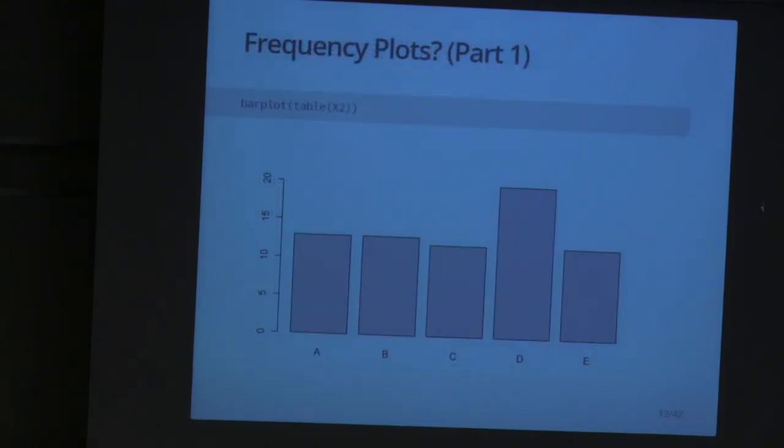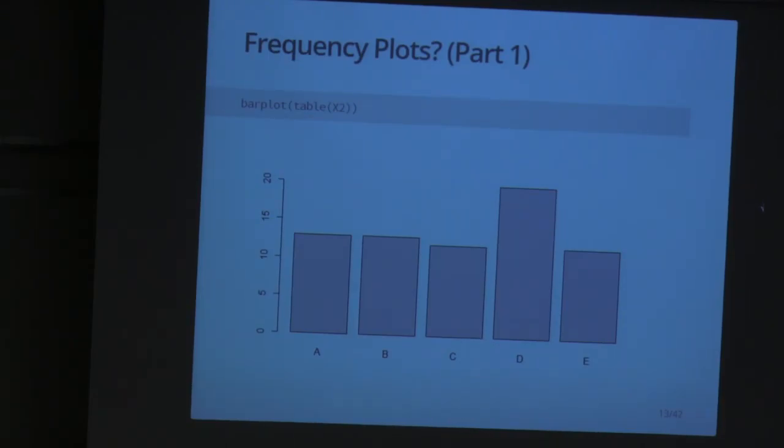If I have a factor vector, I can do a frequency plot fairly easily with barplot(table(x2)), and again, it ignores the fact that there's missing data, which is the way it's designed, because for factors, you have to explicitly tell R that missing NA is a level of your factor, and if not, it doesn't consider it a level of your factor.